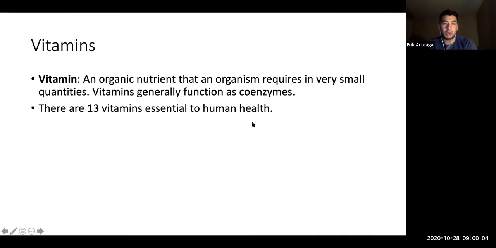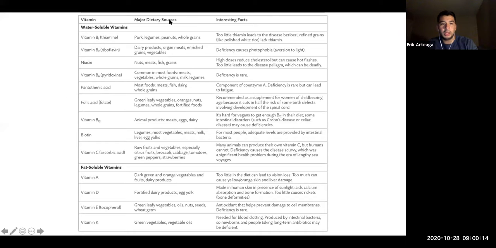Vitamin, an organic nutrient that an organism requires in very small quantities. Vitamins generally function as coenzymes. There are 13 vitamins essential to human health. Okay, here they are. So vitamin B1, B2, niacin, vitamin B6, B12. So again, this is where we lack. This is folate.